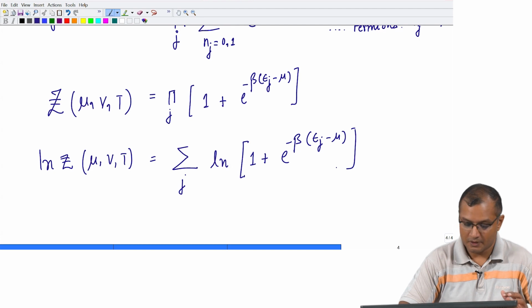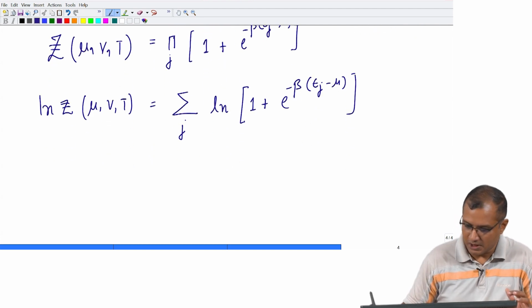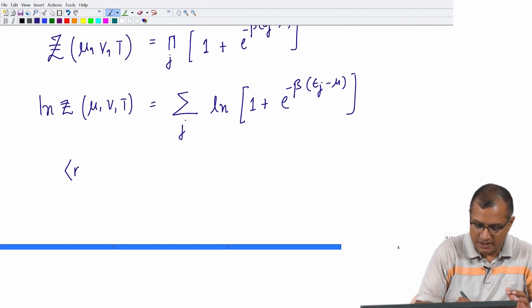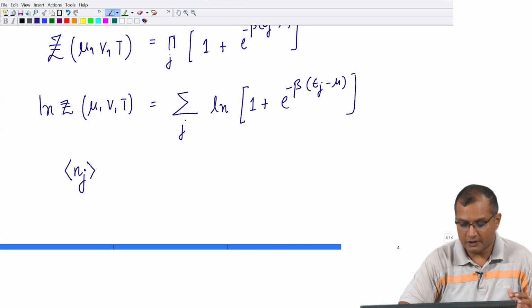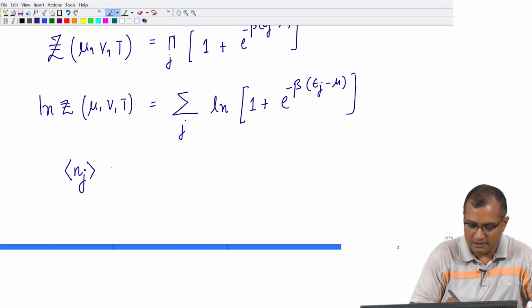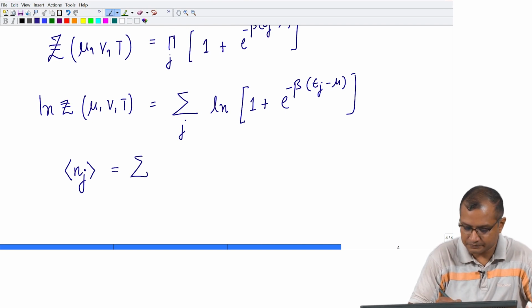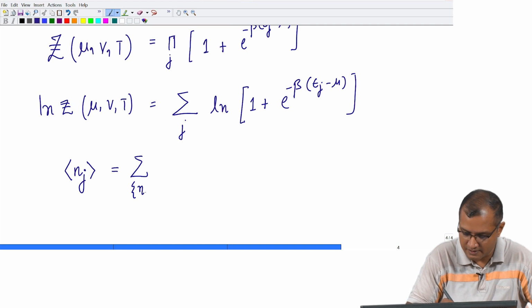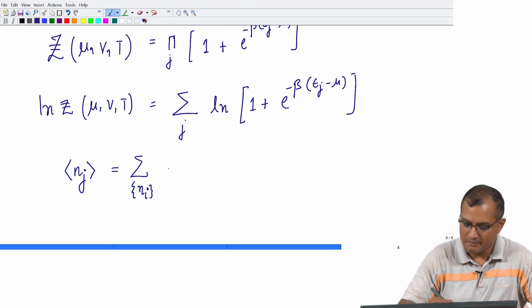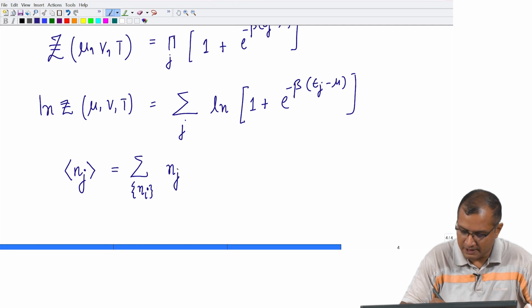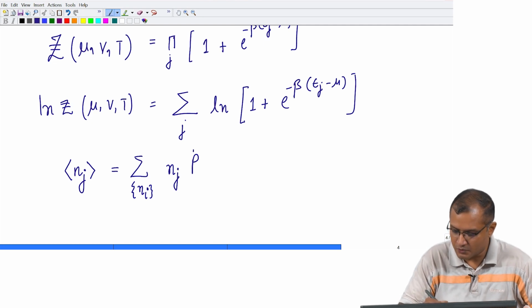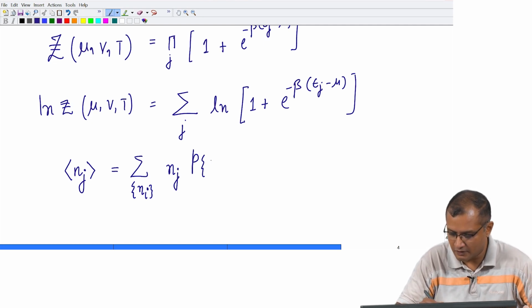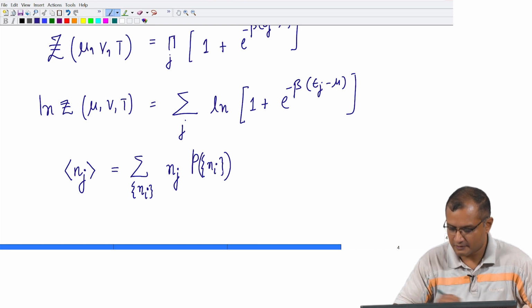Okay. So, as usual, if somebody is interested in the average occupancy of fermions in some level j, then this is nothing but the summation over all microstates. I need to sample n j in this distribution of microstates.